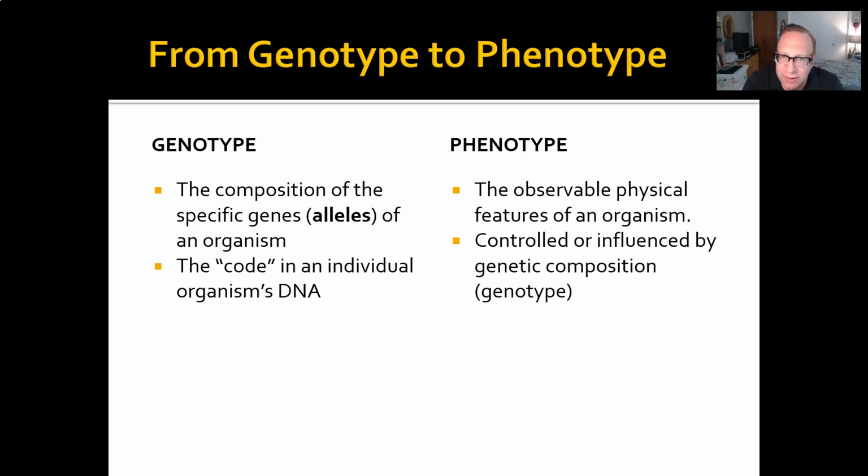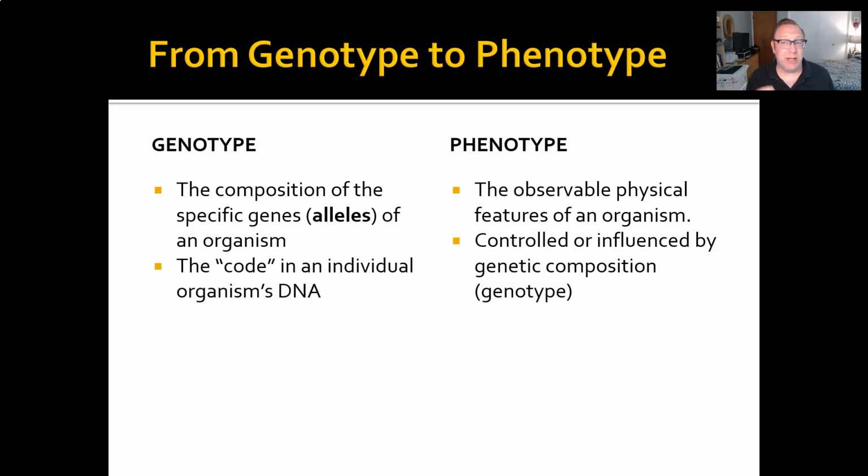The phenotype, on the other hand, is the resulting trait, and it's not always a direct line from one to the other. So a phenotype is an observable physical feature of an organism, and it is controlled or influenced by genetic composition. In other words, genotype.